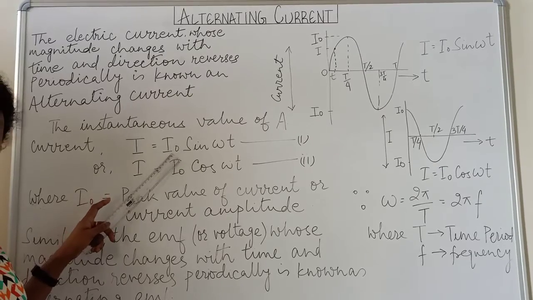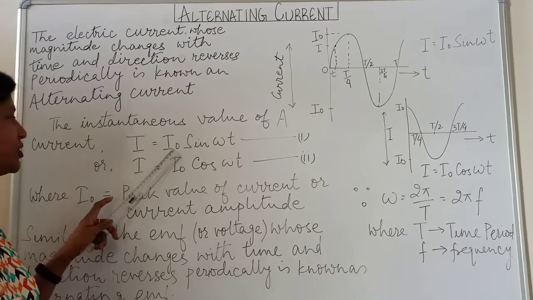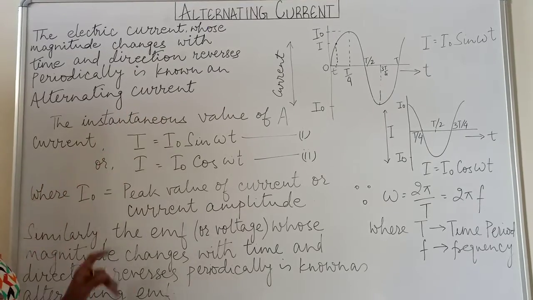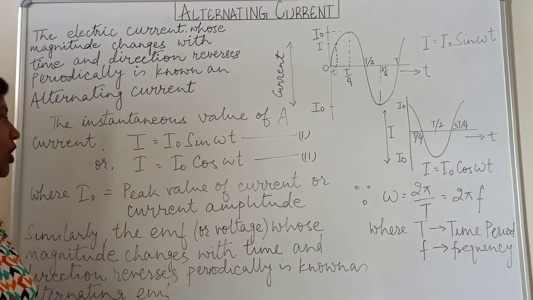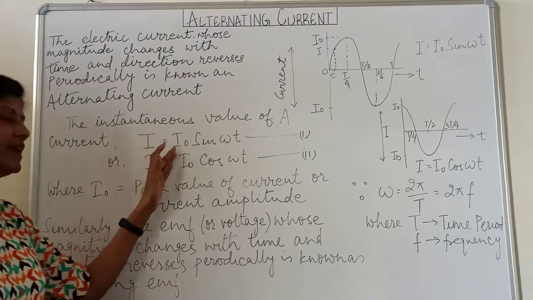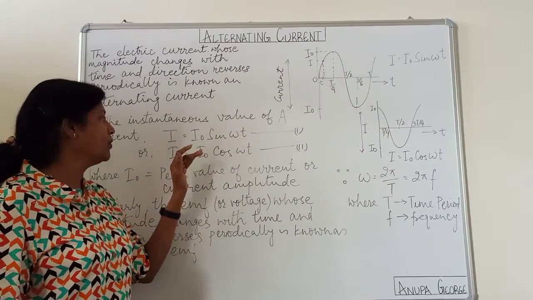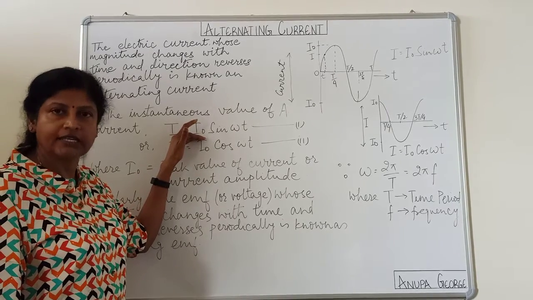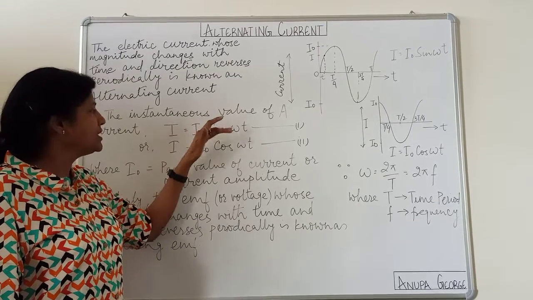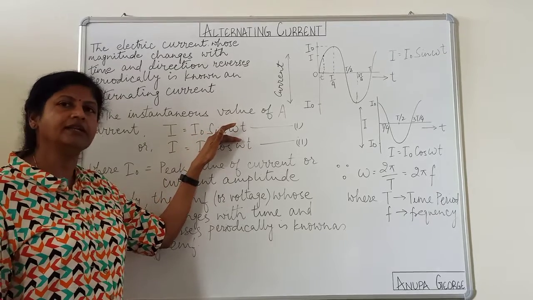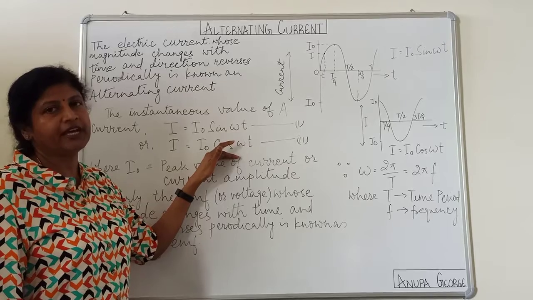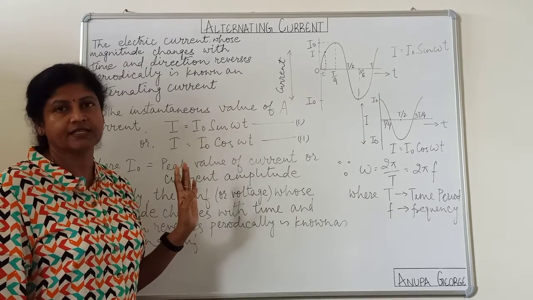amplitude, maximum displacement. In other words, I naught is the peak value of current, or current amplitude. It is the peak value of alternating current, and using the sine function of time or the cos function of time, we get the same result.